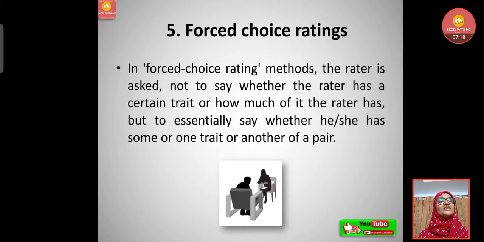Now the last one, the fifth one, is forced choice ratings. In forced choice rating methods, the rater is asked not to say whether the person has a certain trait or how much of it the person has, but to say whether he or she has one trait or another of a pair.